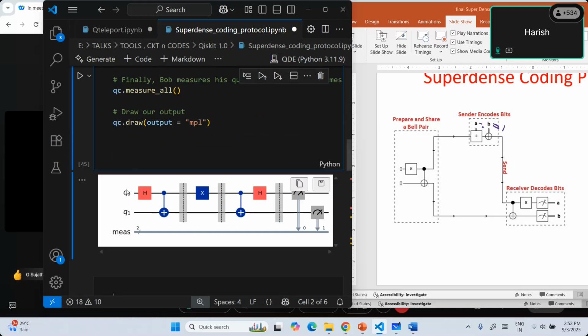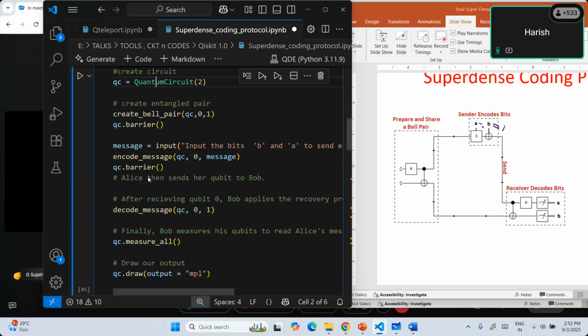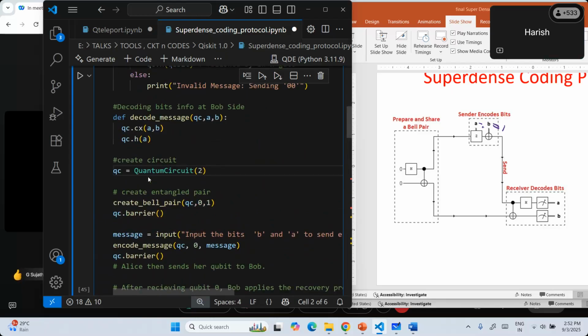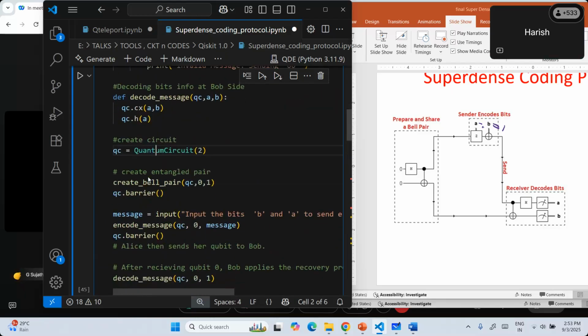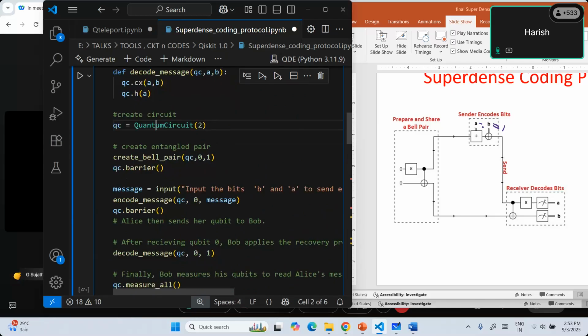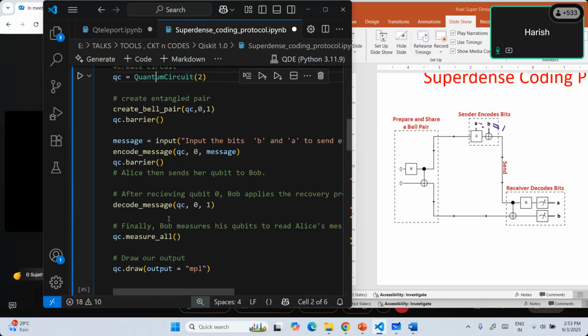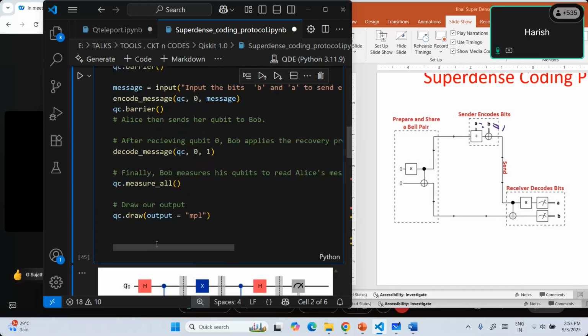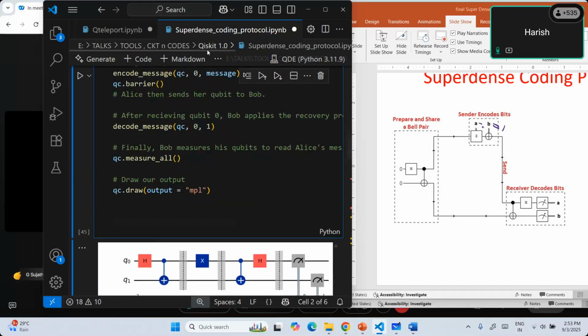Q0 is the first qubit, which is with Alice. The Bell pair is created, and we ask for input. Once we pass the inputs, it will create the encoding circuit, then decode, and then we can measure. Let's run it, then things will be clearer.